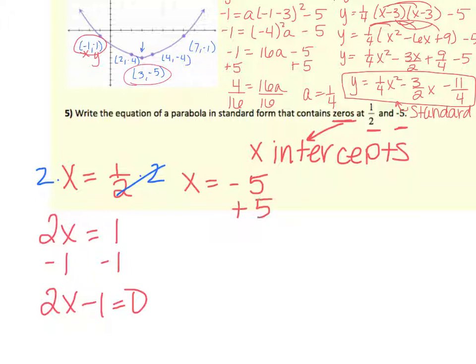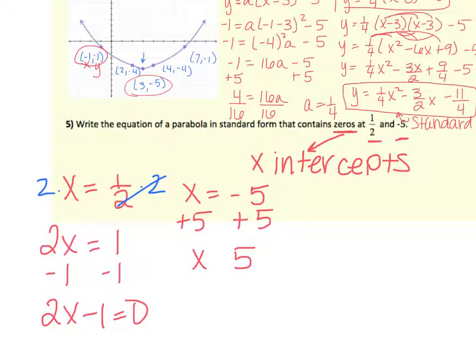I'm going to go over here and do the same thing for the other one. I want to get it equal to 0. So your two factors are going to be 2x minus 1 and x plus 5 equals 0.